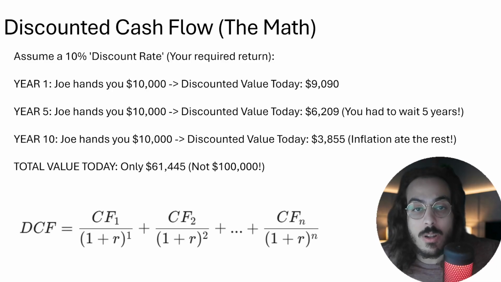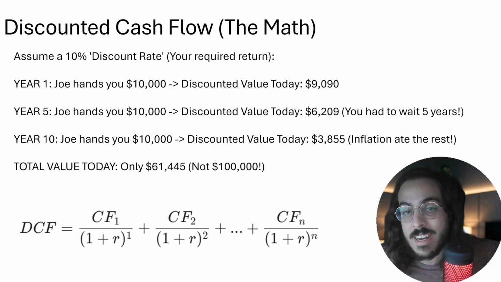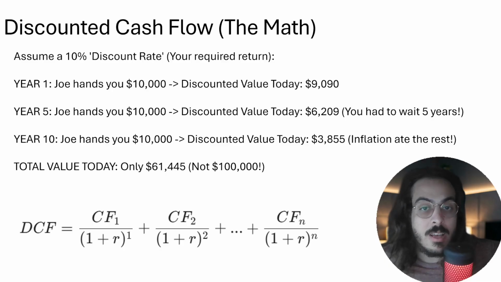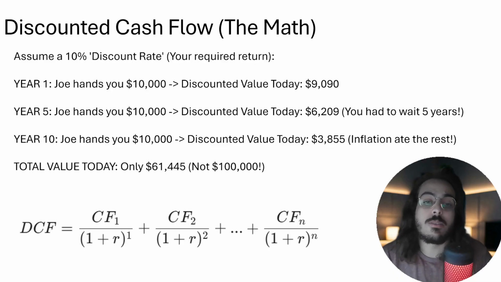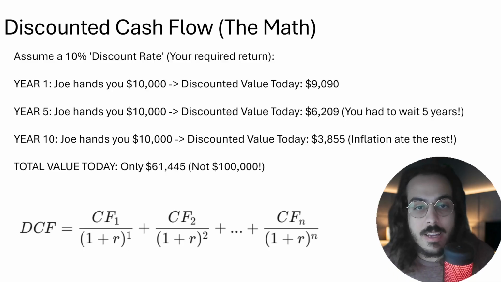That $10,000 you would be making in 10 years is only worth $3,855 today. So when you add up all these discounted years, you realize Joe's shop isn't worth $100,000. Ideally, you should pay no more than $61,445 for it today.